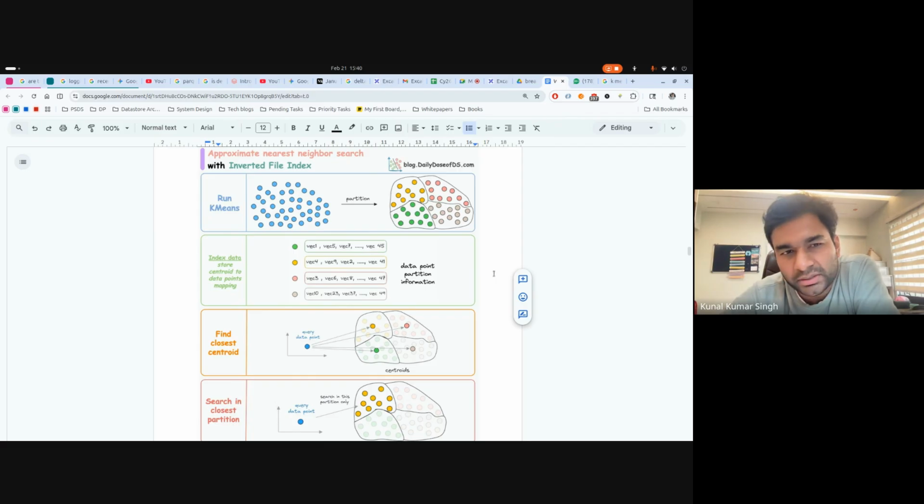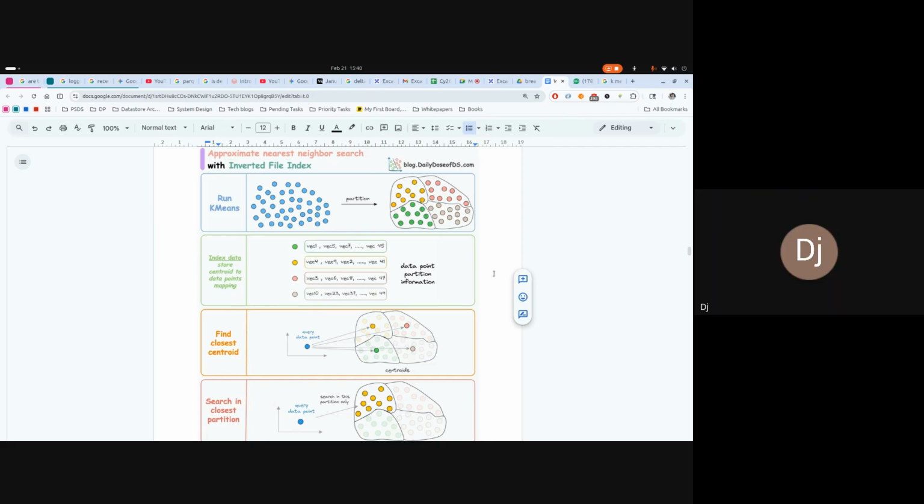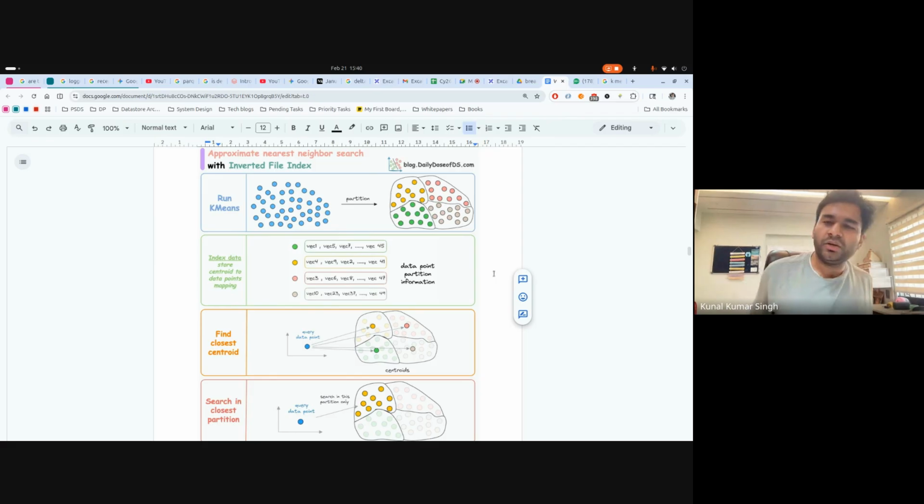Don't quote me on the years, but what I'm saying is it's much older than LLMs. LLMs तो 2022 में it became famous with ChatGPT, right? This could be 2010, 2015, right? ये पहले से है.